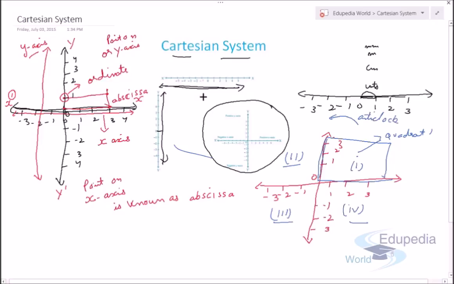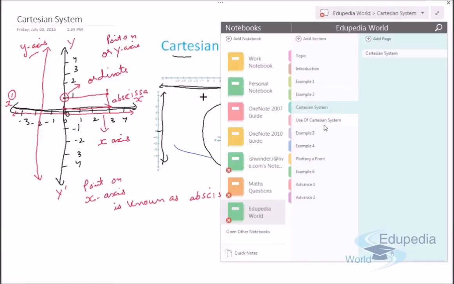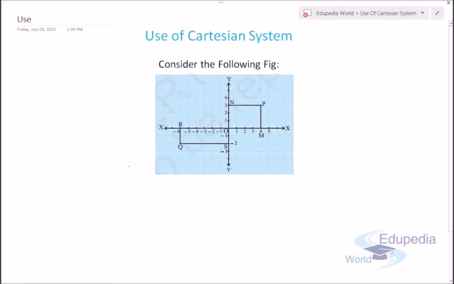In the first quadrant all are positive. We'll discuss further how to check whether a point is in the first or second quadrant, so let's move on to the next concept, which is how we can use the Cartesian system.